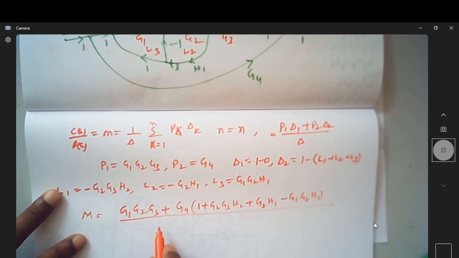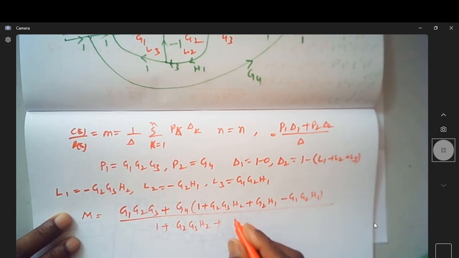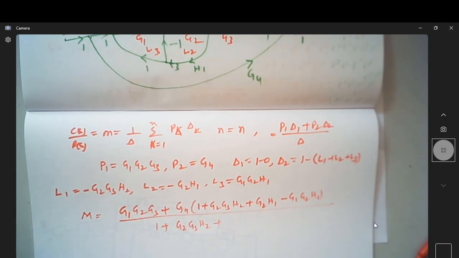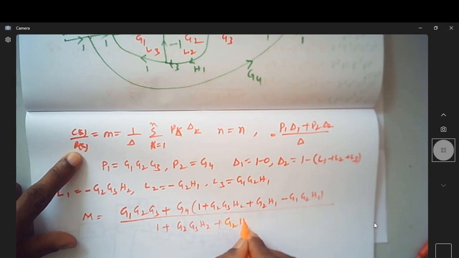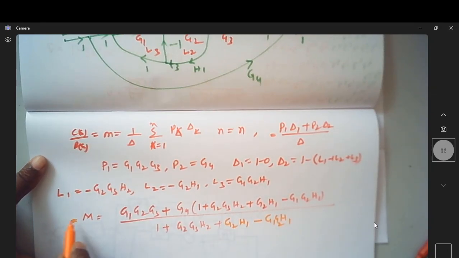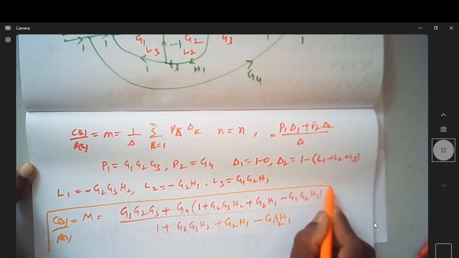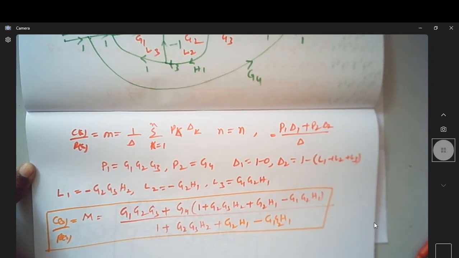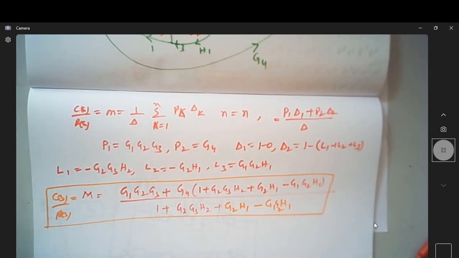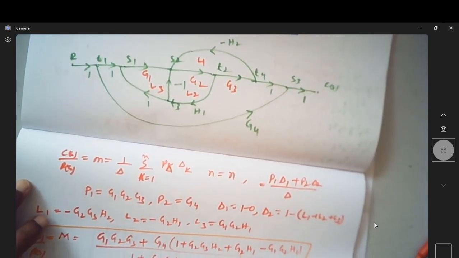Delta is 1 plus the individual loop gains, that is G2, G3, H2 plus G2, H1 minus G1, G2, H1. This is CFS by RFS. Hope it's fine.